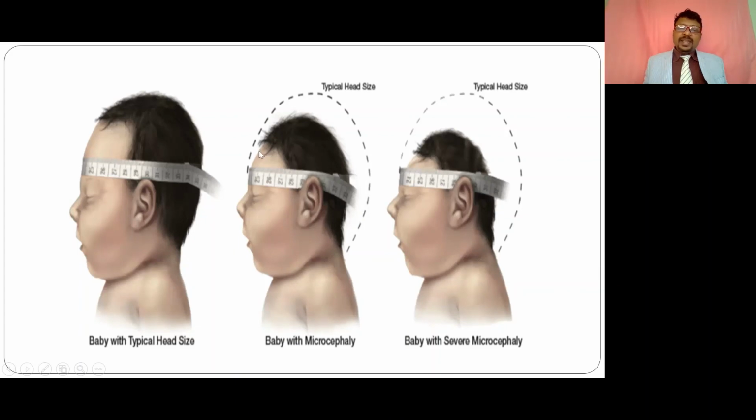You can feel the forehead size and the height of the skull are decreased. This is microcephaly. In severe microcephaly, the head size is much smaller, and we can easily identify it by measuring the skull circumference. These are very important in the diagnosis of congenital anomalies and growth anomalies.